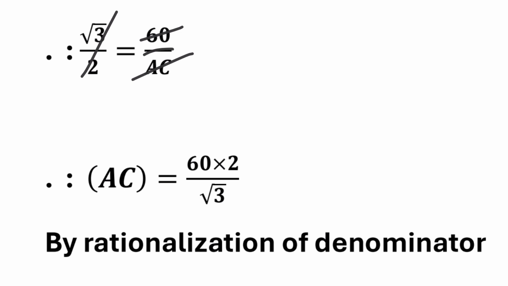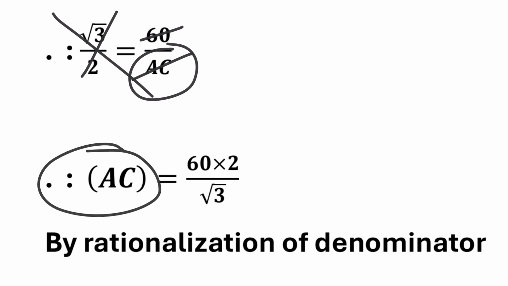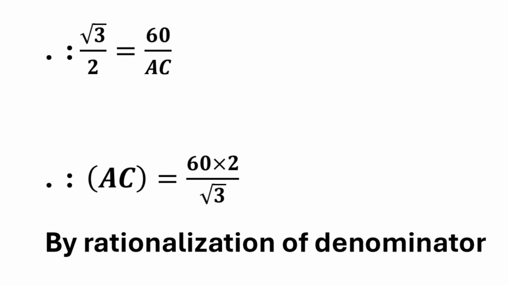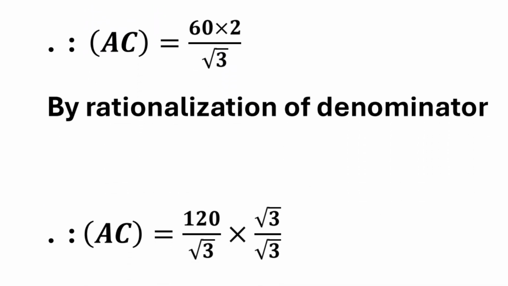Now this denominator AC we take to the left side, therefore becomes numerator, and root 3 here right side becomes denominator and 2 to the right side becomes numerator. Therefore we get here AC is equal to 60 into 2, 120 upon root 3.